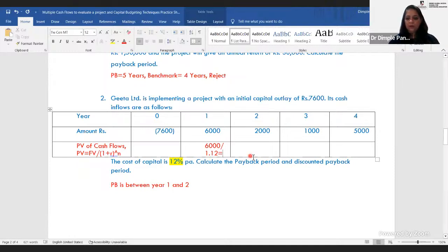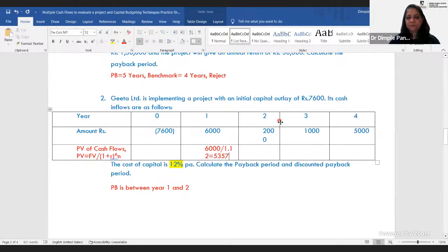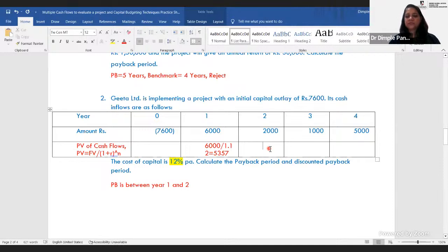Because raised to 1, 5357. And how much would be the value of 2,000 rupees? 2,000 divided by 1.12 raised to 2. So 1594. I hope no issues in finding out the present values.